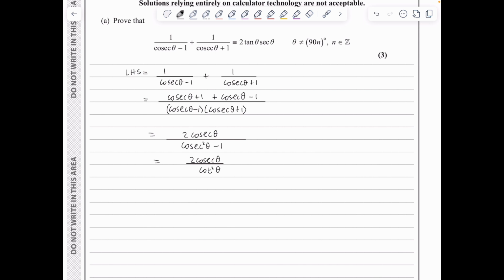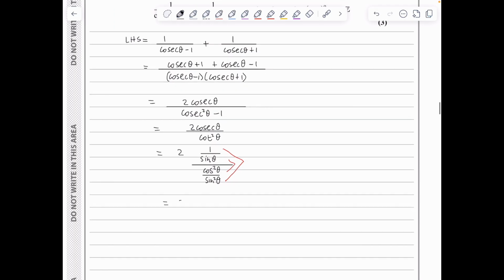So what I'm going to do now is write the cosec theta as 1 over sine theta, and then the cot squared theta is cos squared theta over sine squared theta, and I will simplify this. Remember, we're trying to arrive at 2 tan theta sec theta. So I'll be multiplying 1 with sine squared and sine with cos squared. So we've got 2, and I've got the sine squared theta.